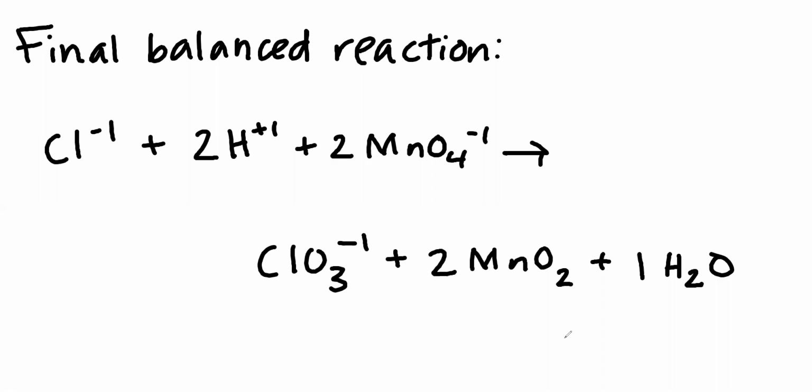And we can see that our reaction is still completely balanced, with 2 hydrogens here and 1 water product, and then there's a total of 8 oxygen atoms in the reactant, and then we have 3, 4, and 1, so there's 8 oxygen atoms in the product. So this is our final balanced reaction in acidic conditions.